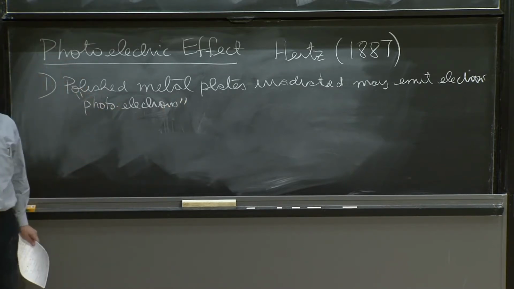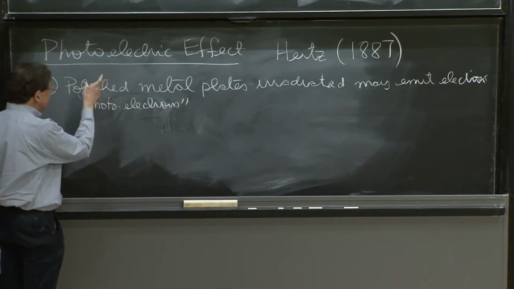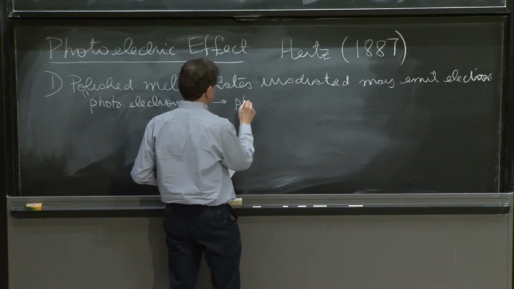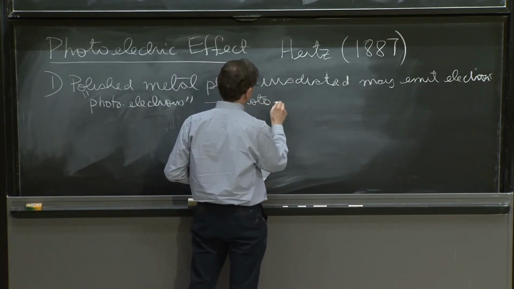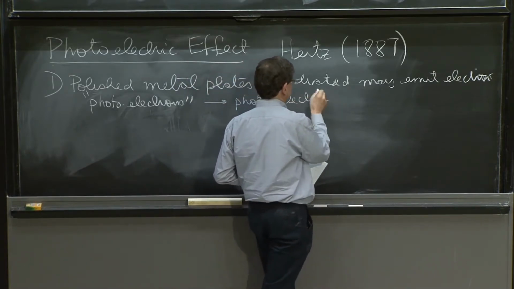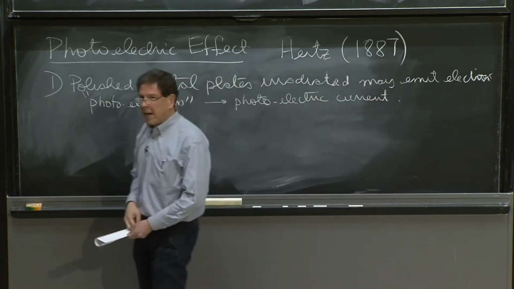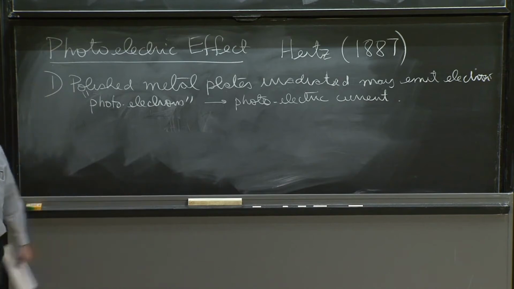A photoelectron is just an electron that was released due to a photon, and therefore we get a photoelectric current. Okay, so far so good.